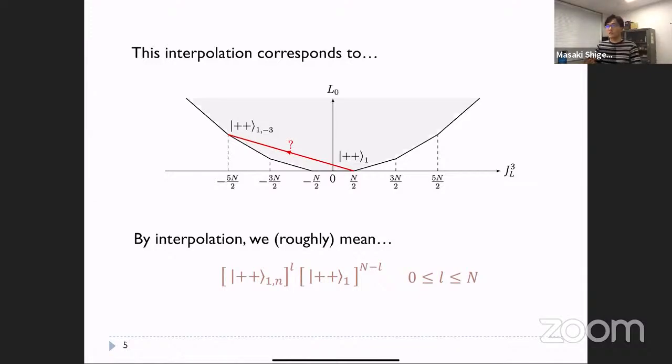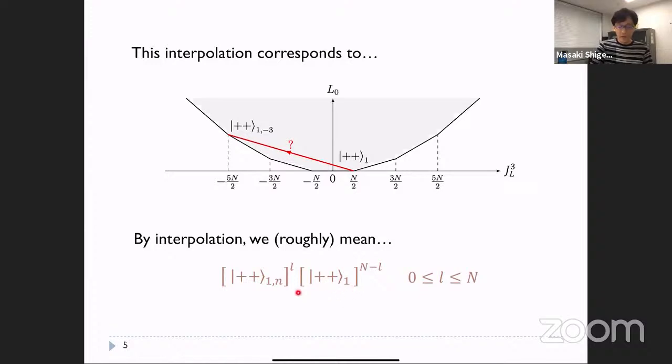And by interpolation, on this diagram, on this plane, on each point, in some sense, there are some states. And I'm not talking about taking this state here and taking this state here and taking this state here. That's not what I really mean. I want to take the state here and take the state here and interpolate in this sense, roughly.